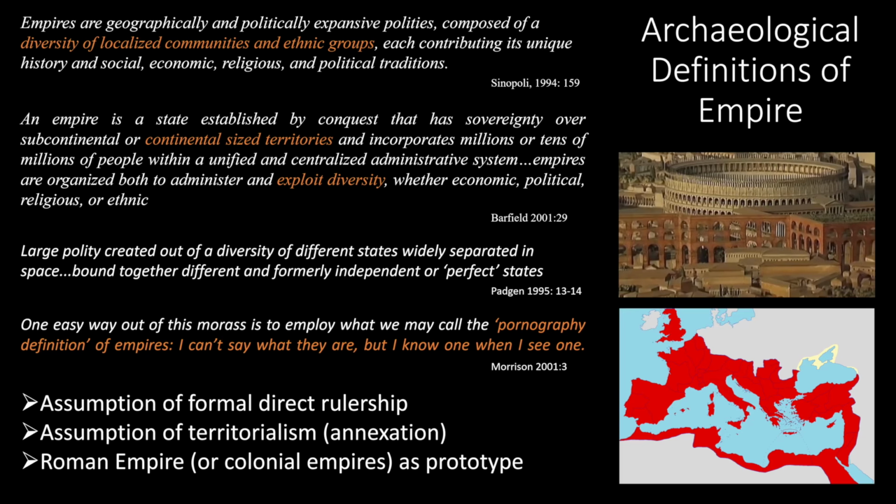A lot of these definitions really do fit Rome, and in some cases they have an awkward fit even with things most people would agree are very clear historical examples of empire, like the Mongol state.